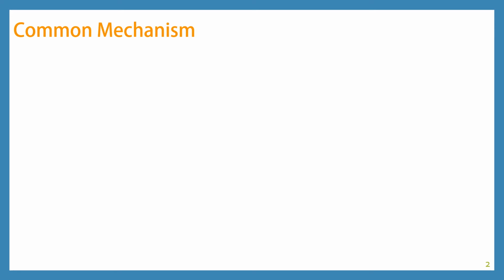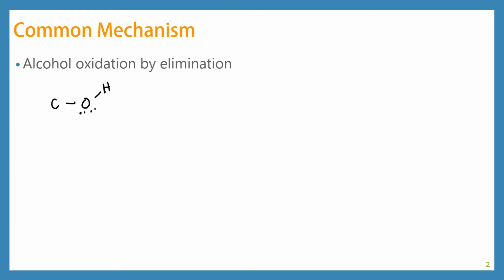So what is this mechanism that we're undergoing here? In this mechanism, this is alcohol oxidation by elimination. We're going to draw our alcohol in kind of a wonky way just so we can see what's going on. Sorry, wonky, not sloppy. So I'm going to fix that. And we have to have at least 1 hydrogen, so we're going to look at a ketone oxidation here.